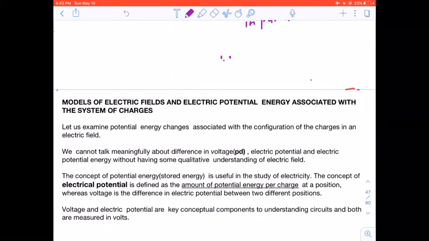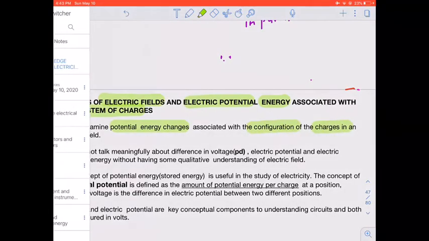Now, let's look at models of electric fields and the electric potential energy associated with a system of charges. Let us examine potential energy changes associated with the configuration of charges in an electric field.